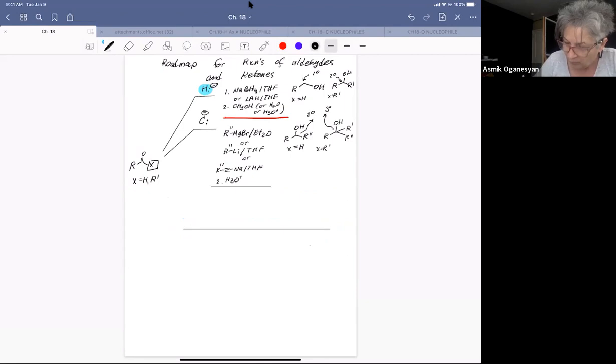Okay, and for Wittig reaction, we will form, wait, let me put a little bit more clarity in here.